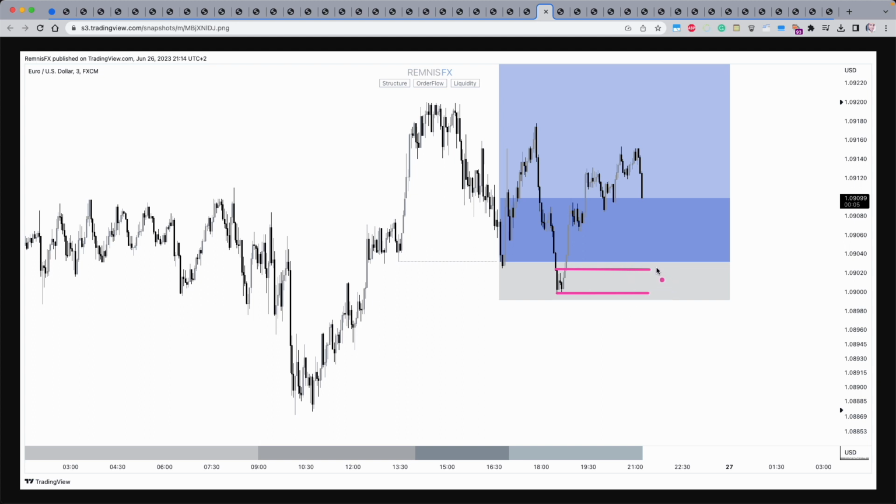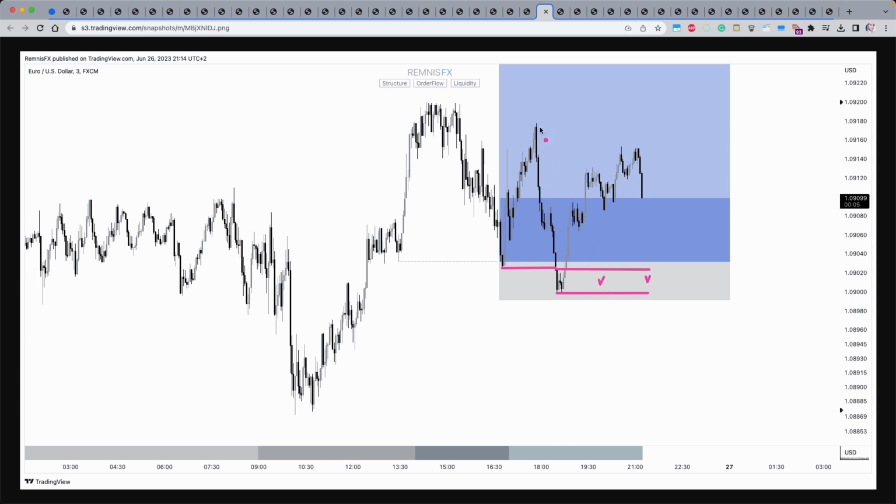It was after a retest / mitigation of this here POI, because again, it took out a previous low here, and then it went higher, and it basically left an unmitigated extreme area here.